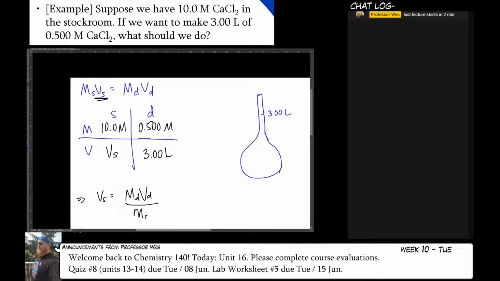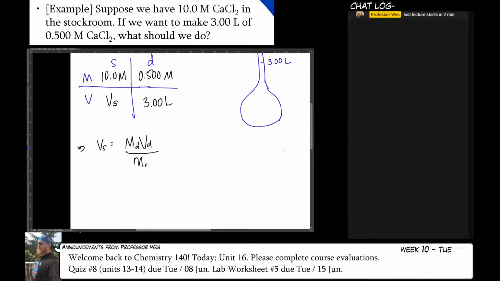We can all do that. And I'm going to enter the numbers in now. So the dilute molarity was 0.5. The dilute volume was 3 liters. And the concentrated molarity was 10 moles per liter.